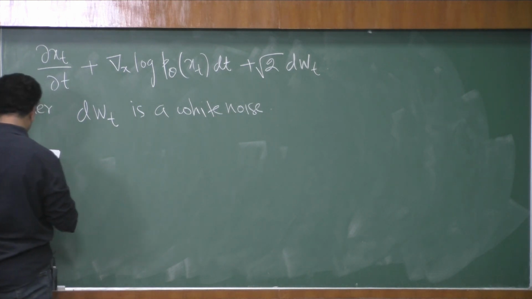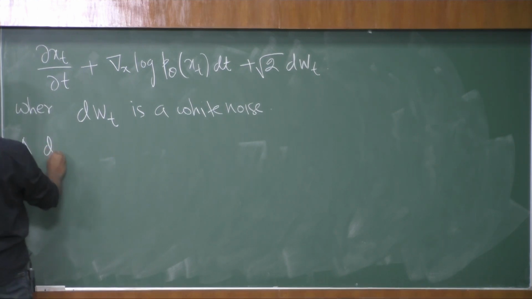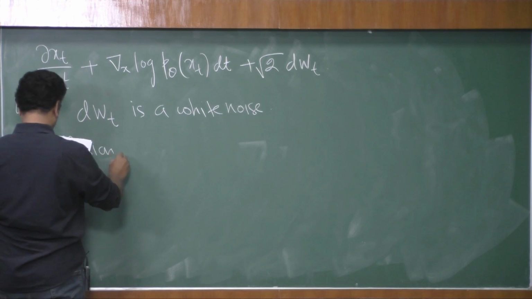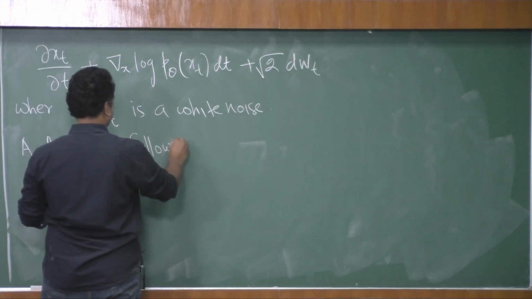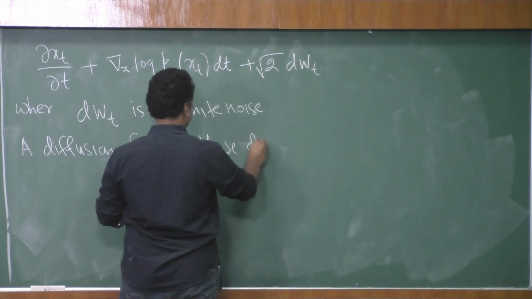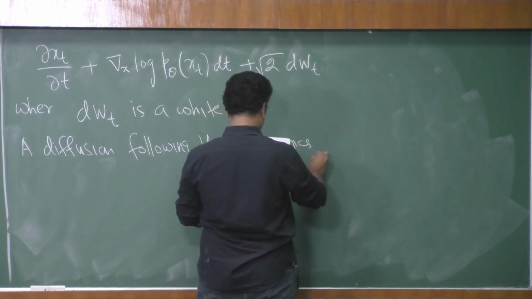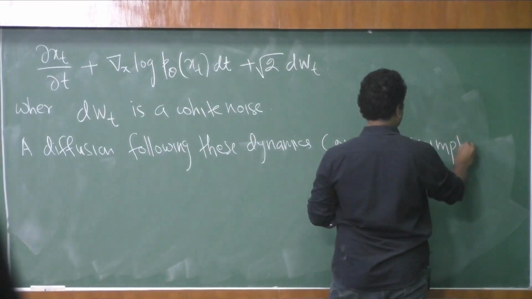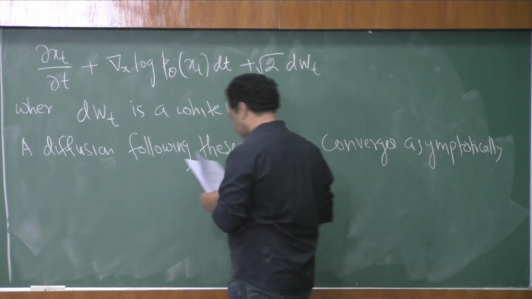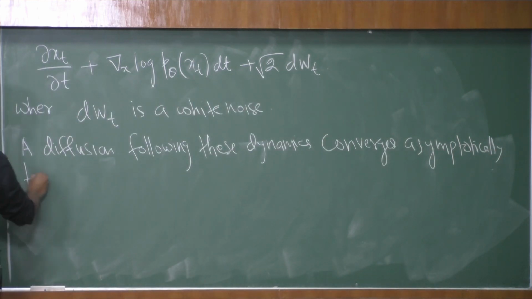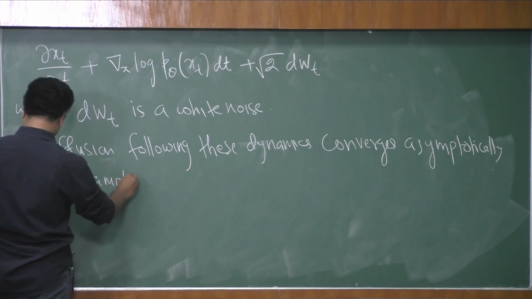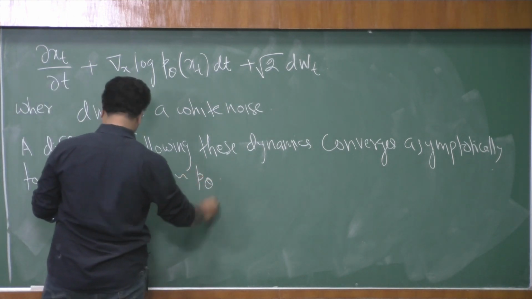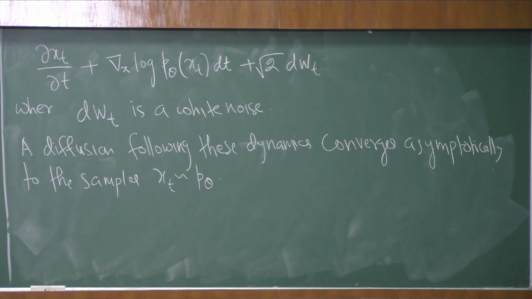So the result we have is that a diffusion following these dynamics converges asymptotically to the samples x. And by convergence we mean, because these are stochastic, under some probability measure that is well defined for comparing.